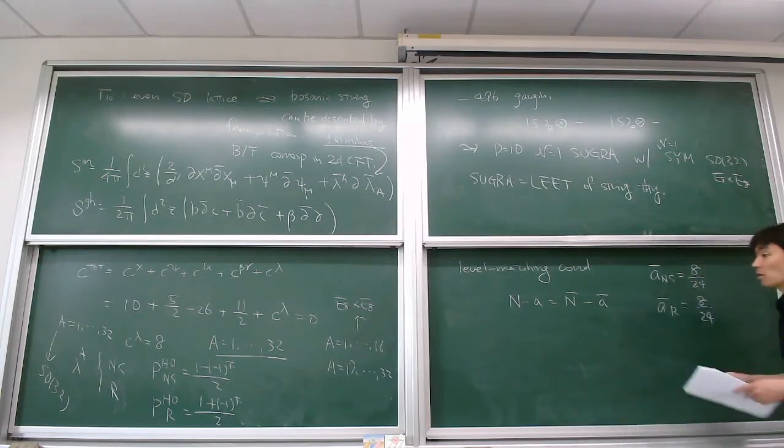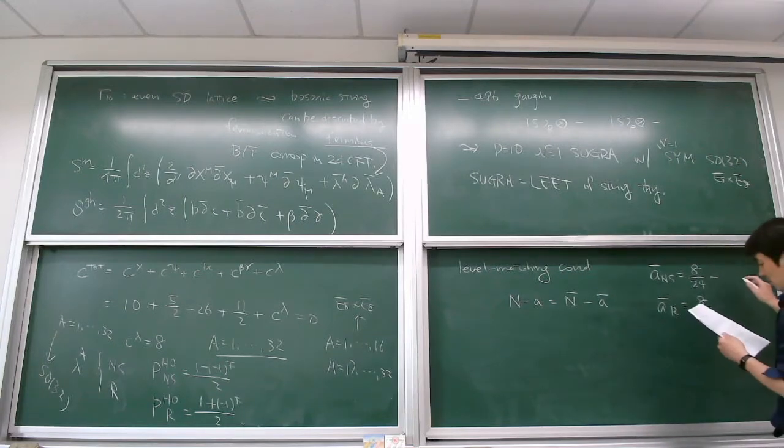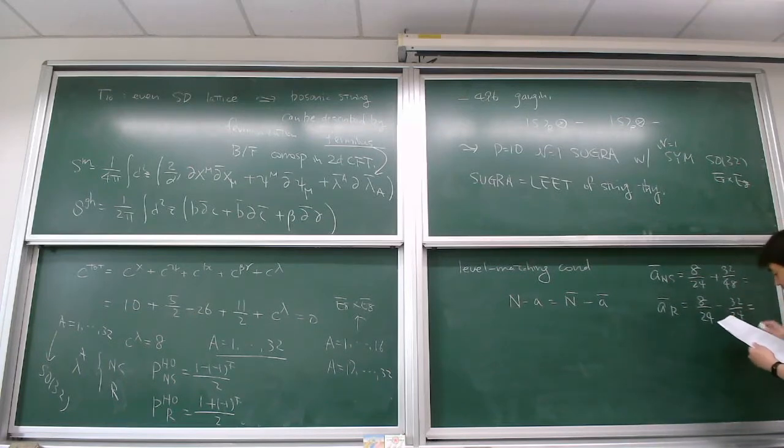Do you understand where the 8 over 24 came from? Where does the 8 over 24 come from?